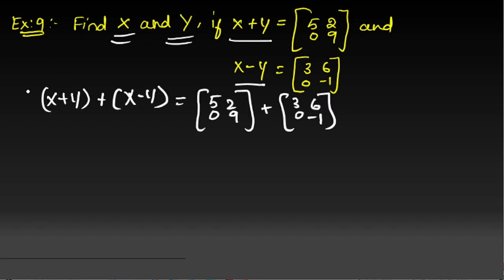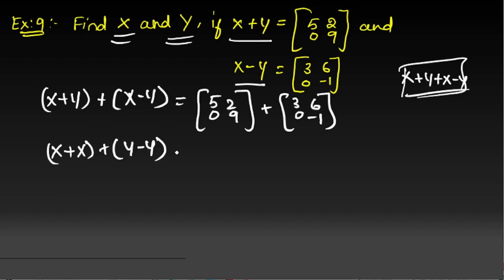While adding, I can also rearrange this. When I remove the plus brackets, I get plus x and minus y only. So x plus y plus x minus y, I rearrange and write as x plus x, y minus y.